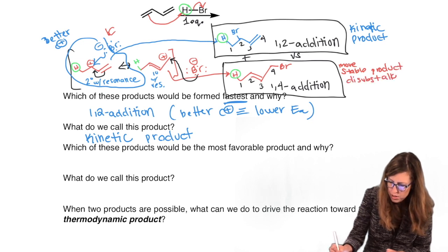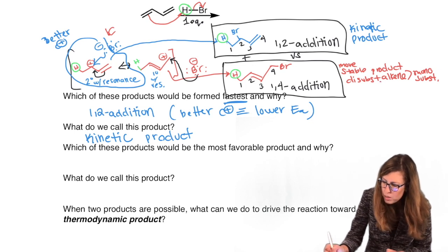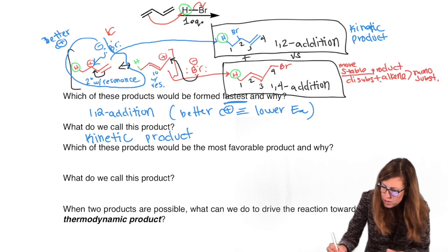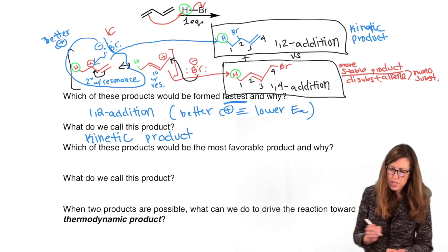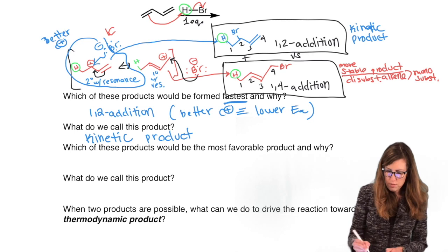So a disubstituted alkene is better than monosubstituted. I'll just abbreviate substituted with S-U-B-S-T. I do that a lot because it's common and we're using it a lot. The more stable product is this one that I just labeled, the 1,4 product. So I'm doing that in red.